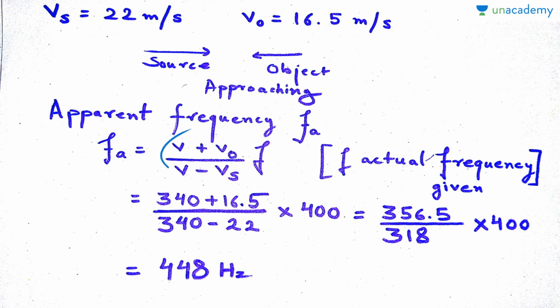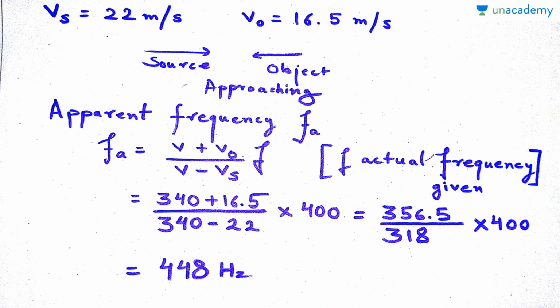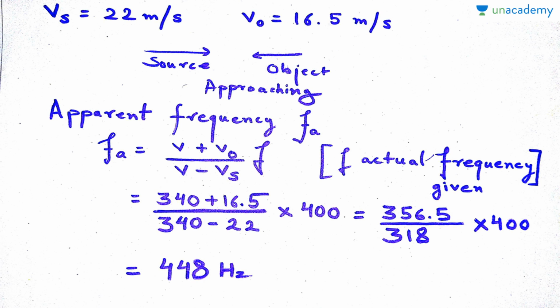V is the velocity of sound, given as 340. Putting the values, we have (340 plus 16) upon (340 minus 22) into 400, which gives us 448 hertz. That is the third option. Now let us look at the next problem.